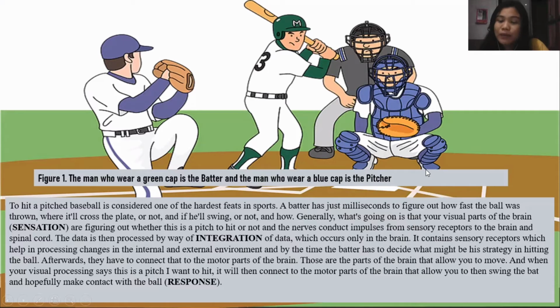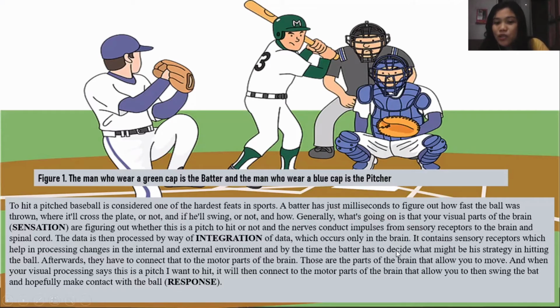So after we use our sensation, like our sense of sight, it will conduct impulses from sensory receptors to the brain, and then the data or information seen by our eyes is processed by way of integration of data. It contains sensory receptors which help in processing changes in the internal and external environment.